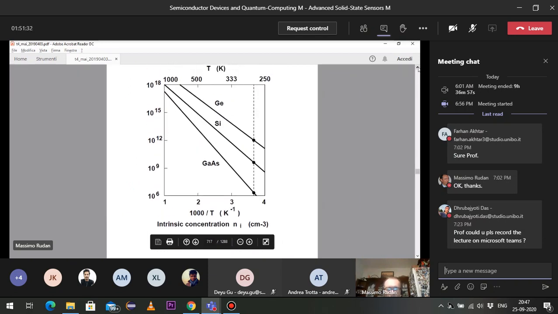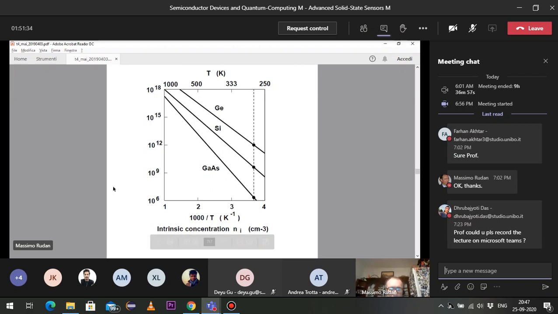It is even more convenient, instead of using the inverse temperature, to use 1000 divided by the temperature, because room temperature is about 3 something.